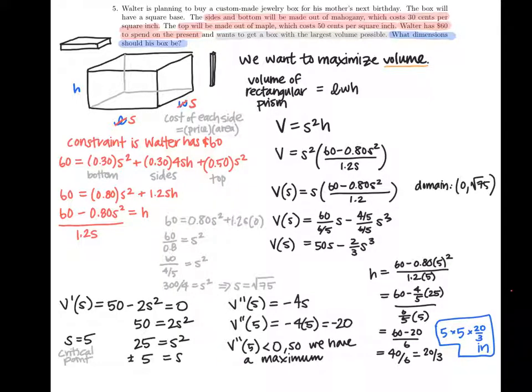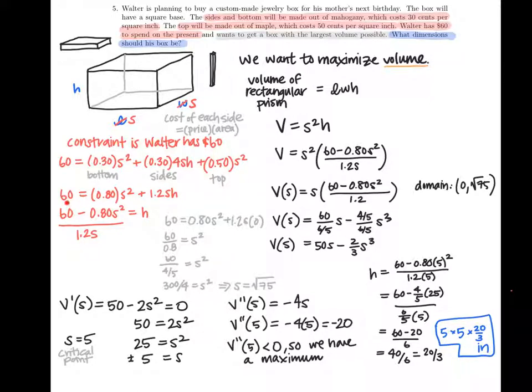Note that in this particular problem, we had a desire to maximize volume from largest volume possible. That gave us the foundation to begin working on a function that would describe volume here. Our constraint was how much money we had. That's what meant our box couldn't be however big we wanted it to be. We only had $60.